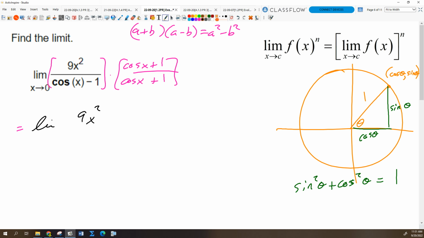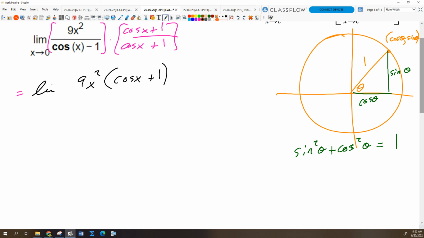On the top, we get 9x squared times the quantity cosine x plus 1, if we just multiply straight across, right? On the bottom, we get a squared minus b squared. Well, what's that bottom equal to by the Pythagorean trig identity?